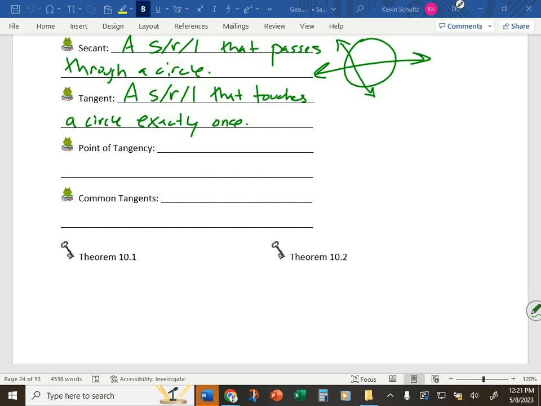So we've got a circle here. A tangent line would come through like this, and touch just one point on the outside of a circle, or touch one point on the circle.